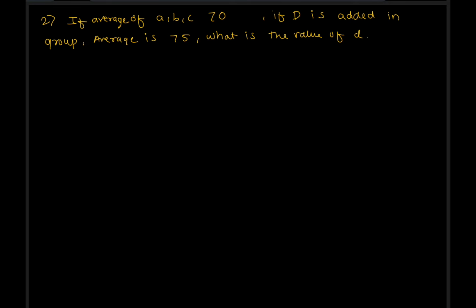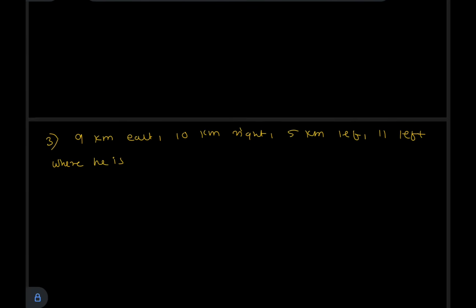So that's how you can solve it. You can assume it as x and 3, then you put x, put 120 and add D, then divide by 4. From this you can get easy questions, right?